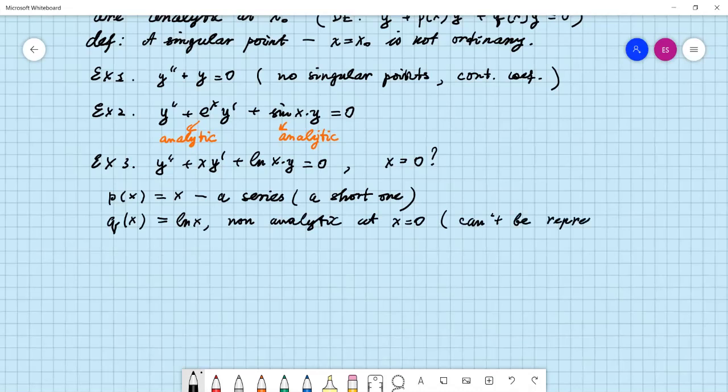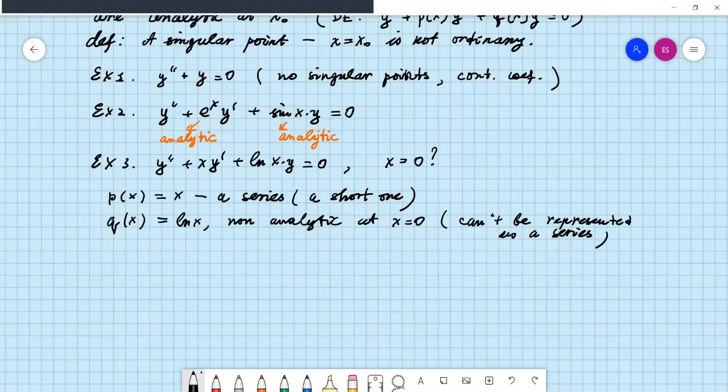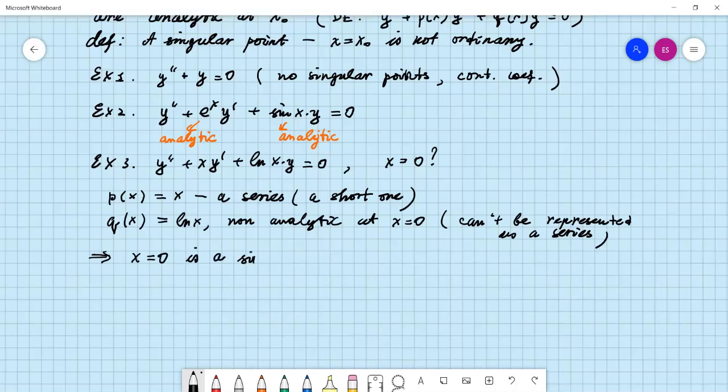Unfortunately, it's not analytic at point x equals 0. So we are going to make a conclusion that x equals 0 is a singular point of the differential equation.